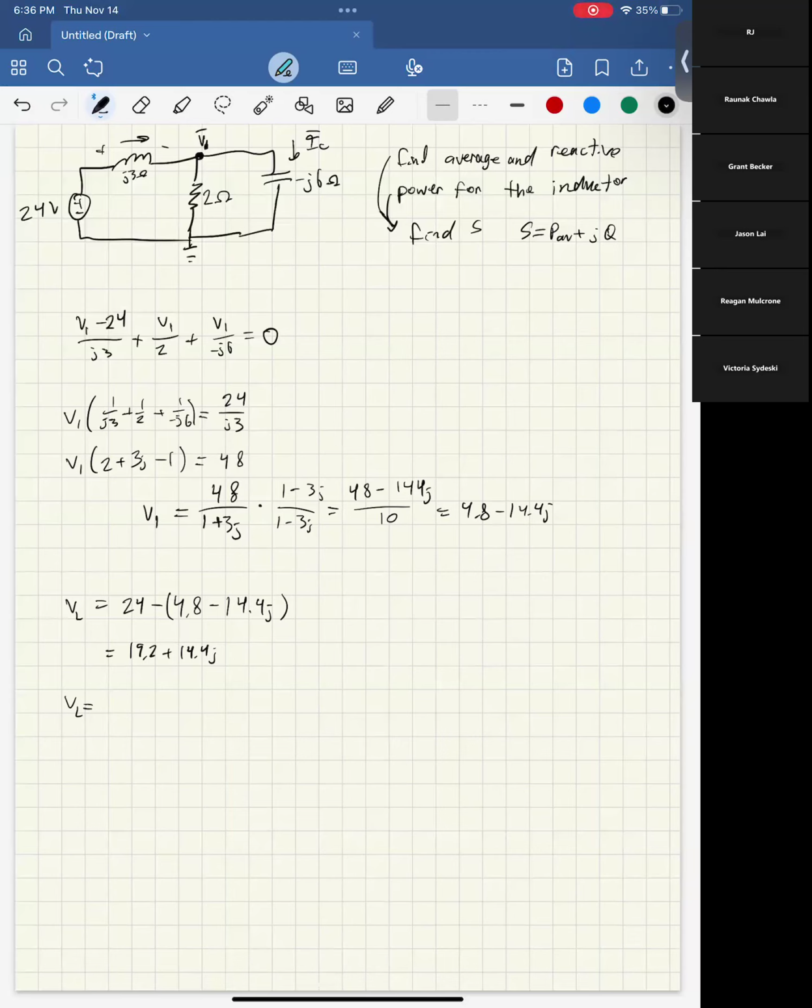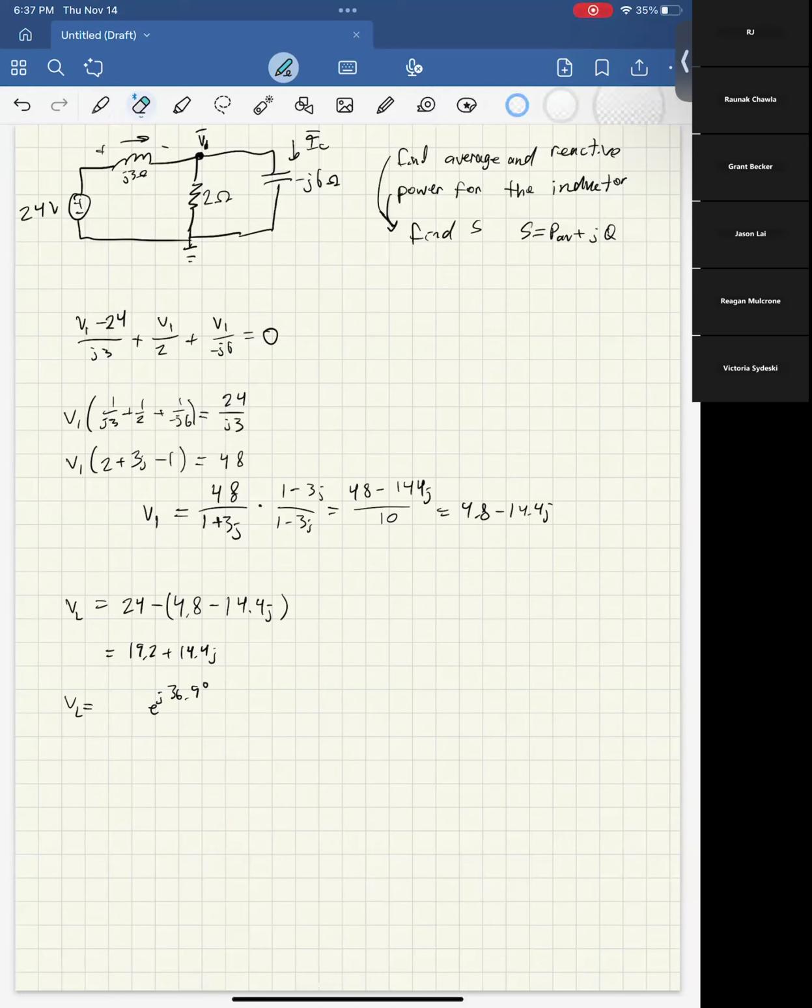which gets us, my calculator is in radian mode. Let me switch that over, which gets us e to the j 36.9 degrees. And then our magnitude is going to be that 19.2 divided by cosine of that number we just got, which is 24.